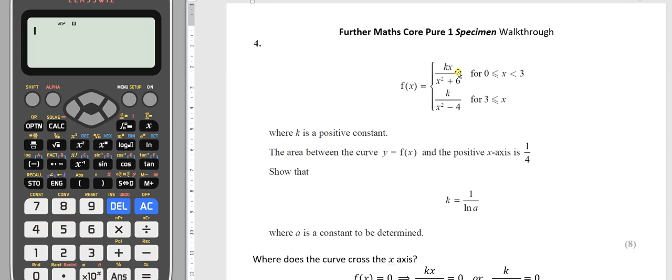And there's only one crossing point when x is 0, which means it's going to be above the axis for all the values of x between 0 and 3. Remember, x is positive. The denominator is always positive when x is anything because it's going to be x squared add 6, so it's always at least 6. The numerator is positive provided x is positive because we already know that k is positive.